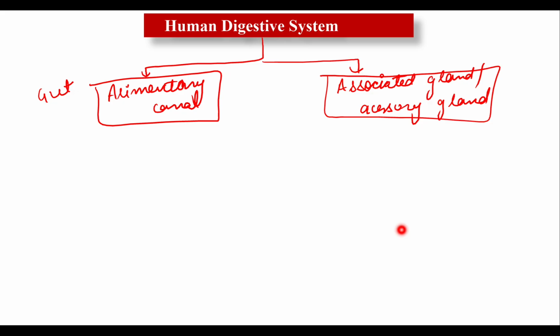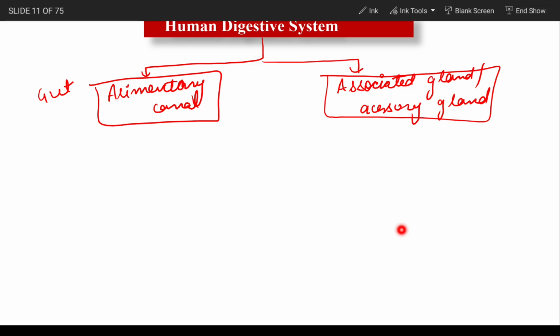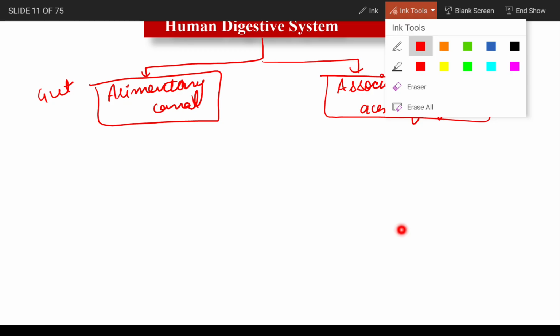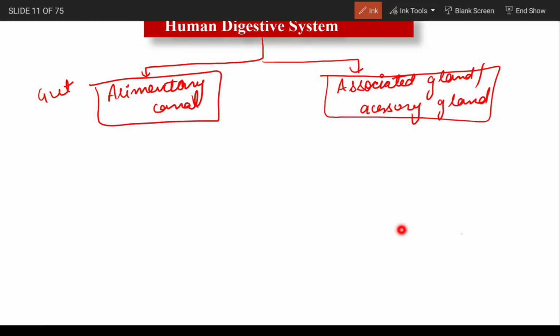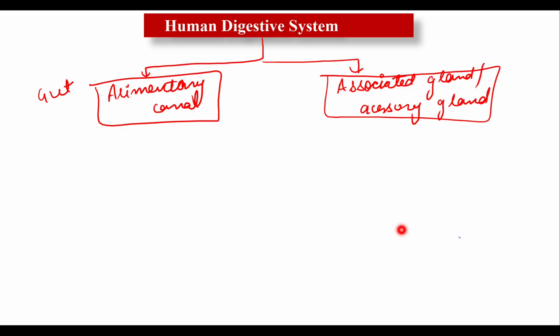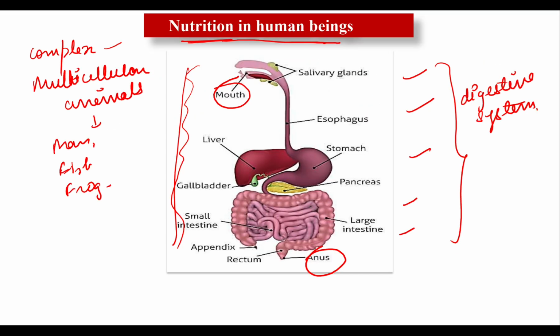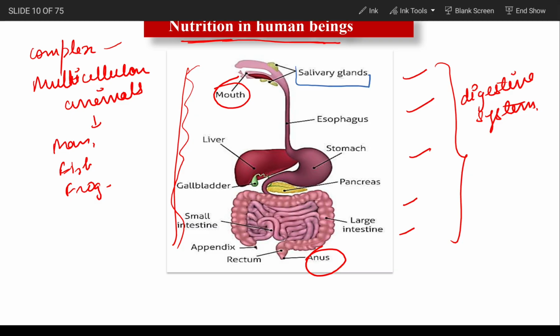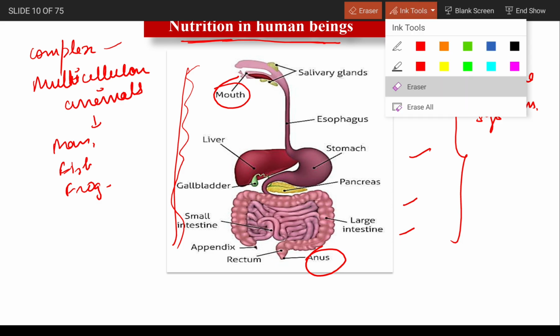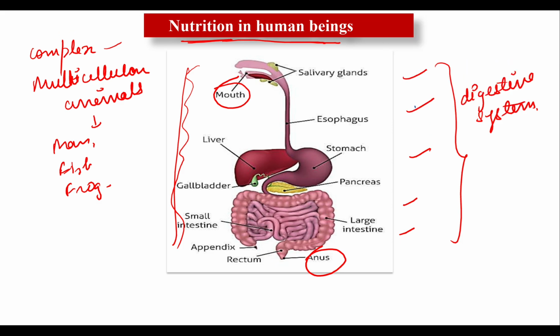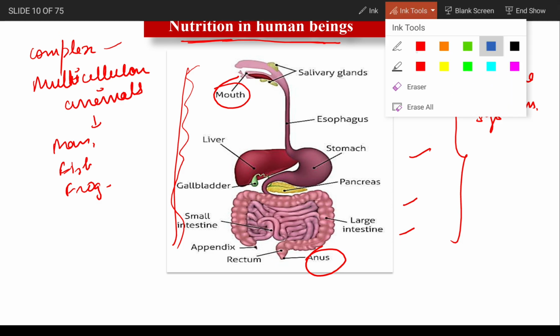Clear to everyone? Now, what are the main roles of the alimentary canal? Can you tell me? Look at this part. The alimentary canal consists of various organs.